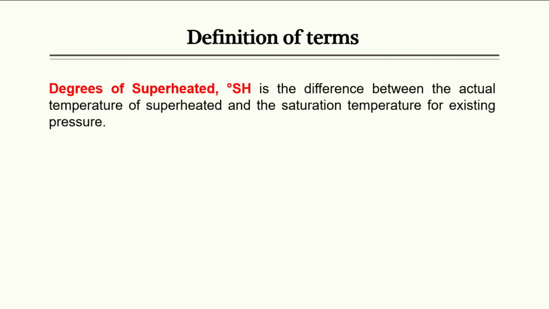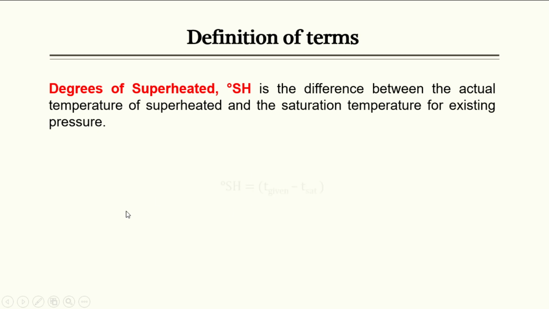Then, degrees of superheat is the difference between the actual temperature of the superheated vapor and the saturation temperature for the existing pressure. So, kapag sinabi natin degrees of superheat, kino-compute natin dito kung ilan yung tinaas na temperature niya doon sa saturation temperature.